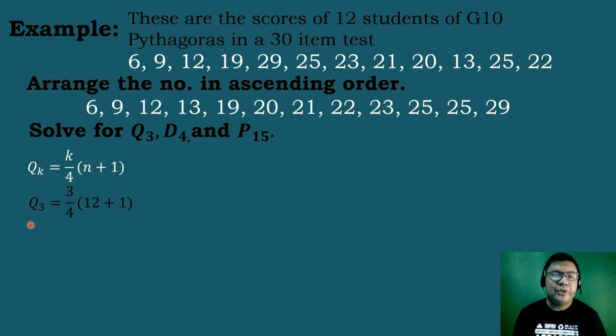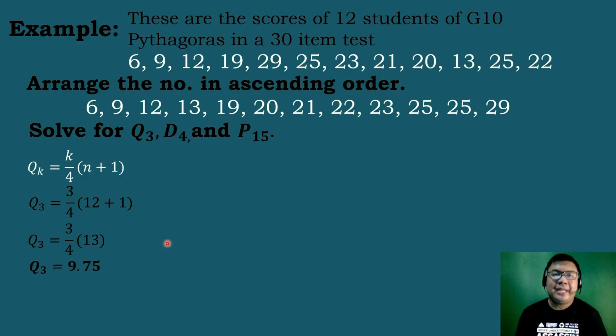So this will become Q sub 3 equals 3 over 4 times the quantity n, which is already given, equal to 12, the total number of students who took the exam. So we have 12 plus 1. And then we will simplify this equation. 12 plus 1 is equal to 13. 3 times 13 is equal to 39, divided by 4 is equal to 9.75.